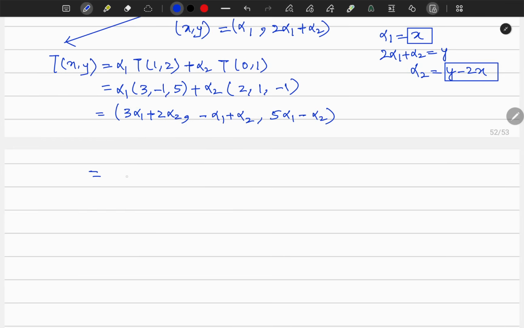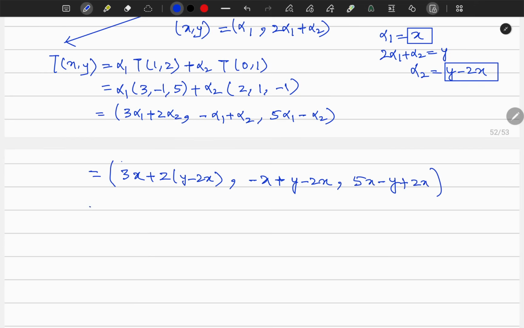So now put the value of alpha 1 and alpha 2. Sorry, it will be 3x plus 2y minus 2x, comma, minus x plus y minus 2x, comma, 5x minus y plus 2x.